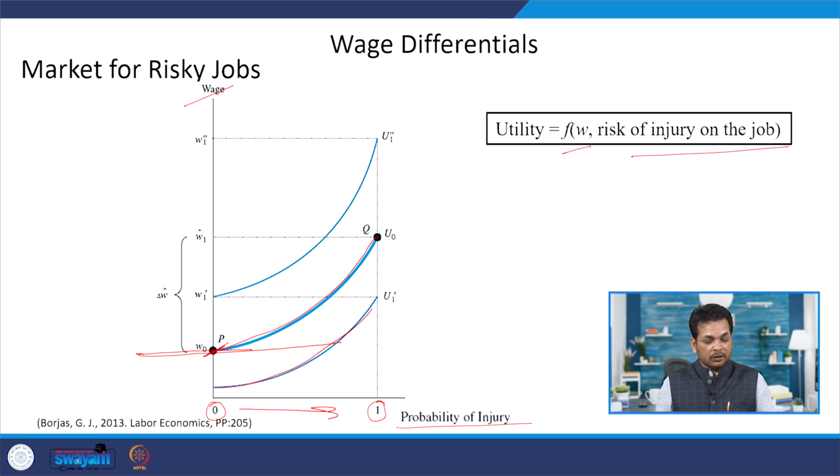So, the worker is only going to work in a safe environment when the wage rate is W0, operating at the utility function U0.